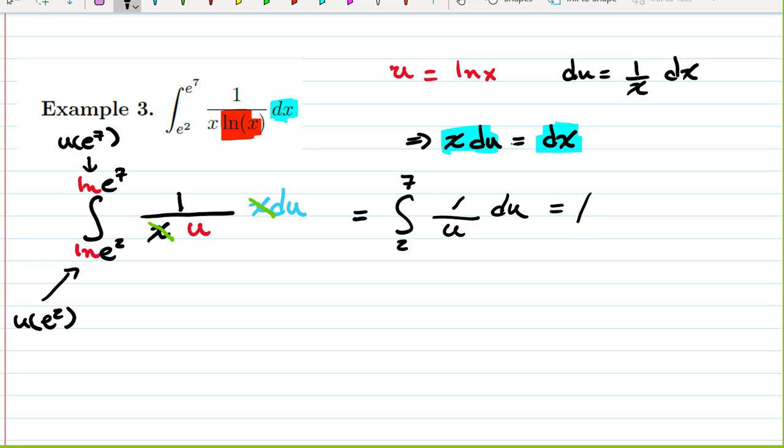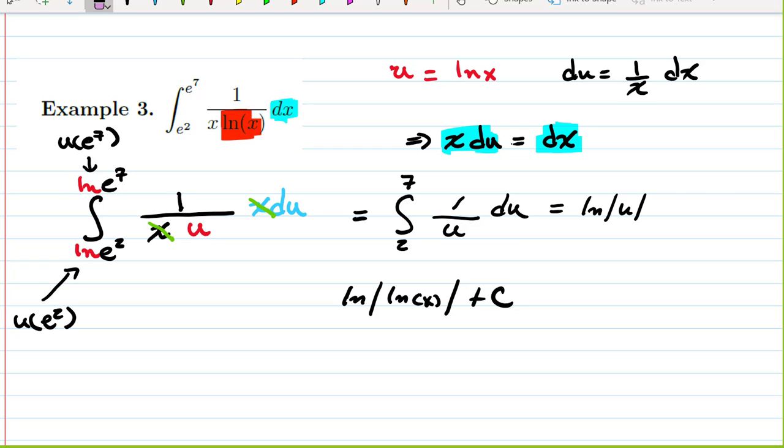So this is going to be the natural logarithm of the absolute value of u plus c, but our u is the natural logarithm of x, so the natural logarithm of the absolute value of the natural logarithm of x plus c. So we have the natural logarithm of the natural logarithm of x plus c as our antiderivative.